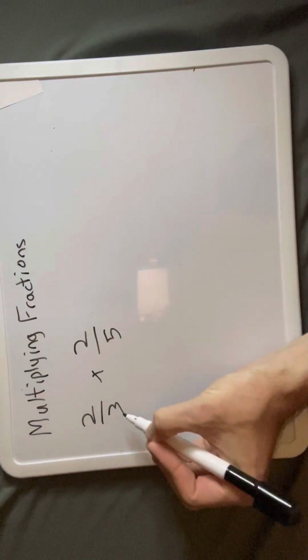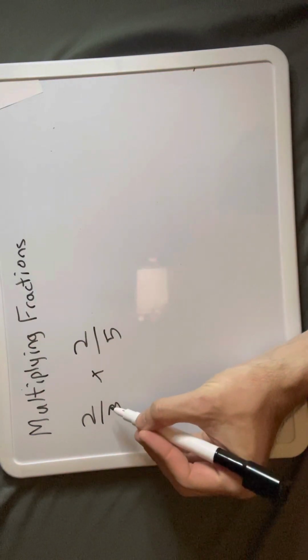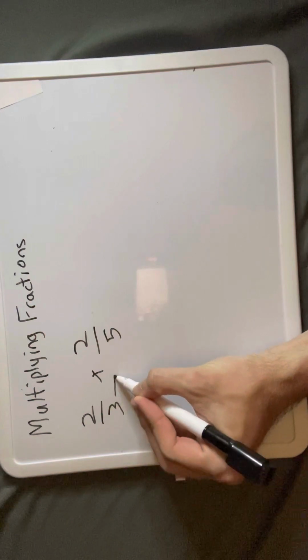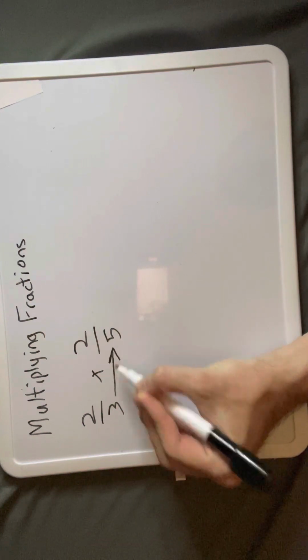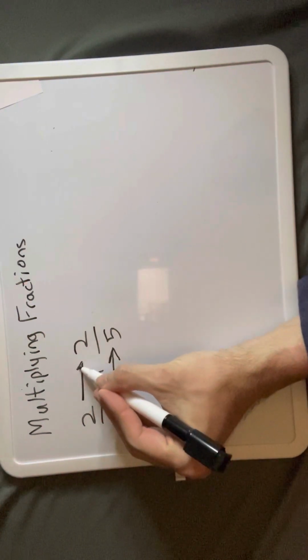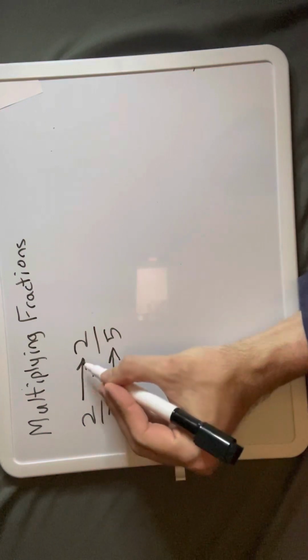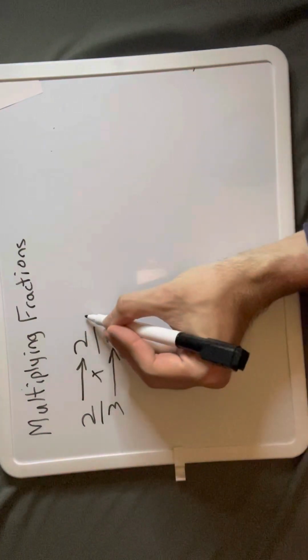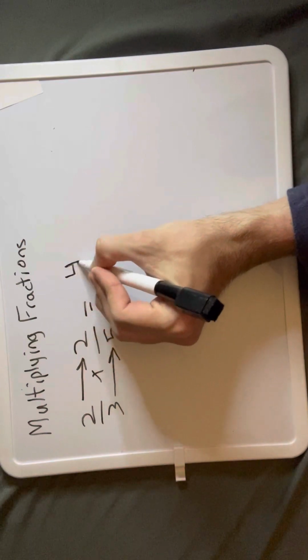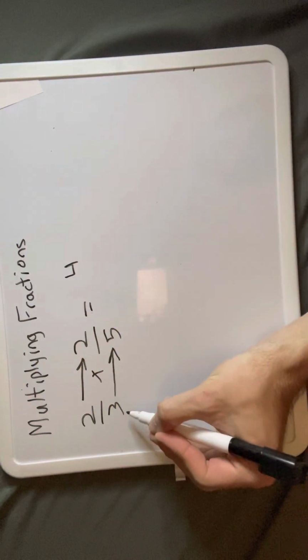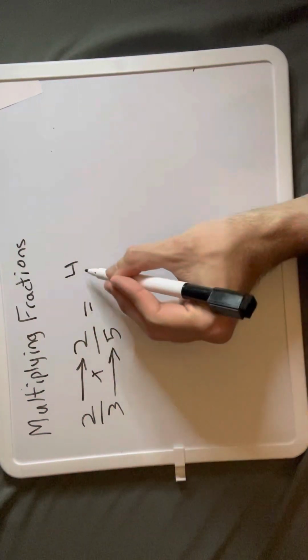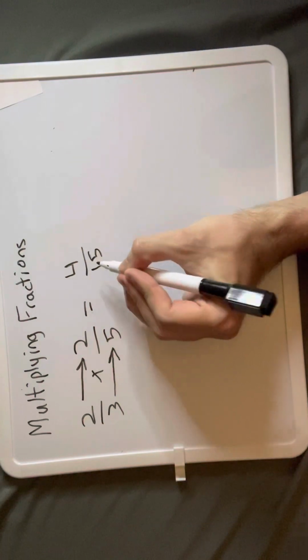And what I mean by that is we take our numerator and our denominator and we multiply the number that's directly across from them. So in this case, I would take 2 and multiply it by 2, which would give me 4. And I take 3 and multiply it by 5, which would give me 15.